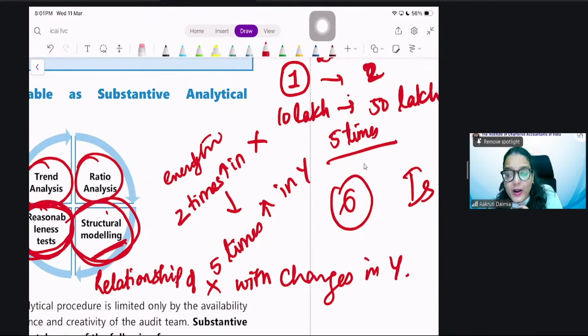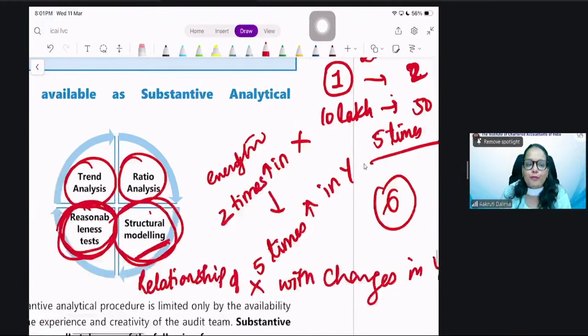Yes, it is used practically, especially for sales and debtors and purchases and creditors. It is also sometimes used between sales and inventory. Every time sales increase by 2 times, there is a pattern that inventory increases by 4 times. So when you create this relationship of change in one with change in the other, that is called structural modeling.